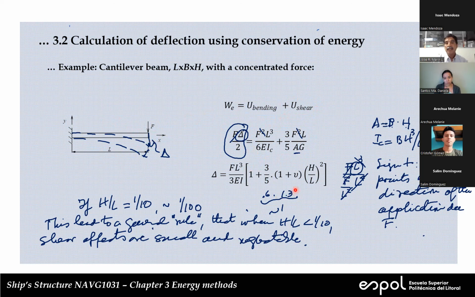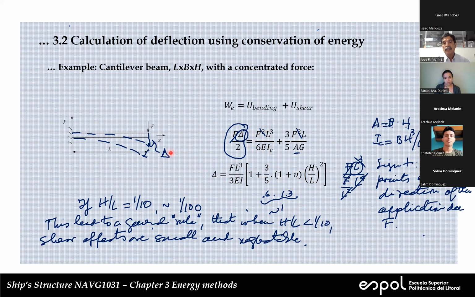Okay, this is a nice example, but there is another message here: we were able to express this result in this way, okay? And maybe you can recognize that the first term, multiplied by 1, corresponds to the internal energy from bending.